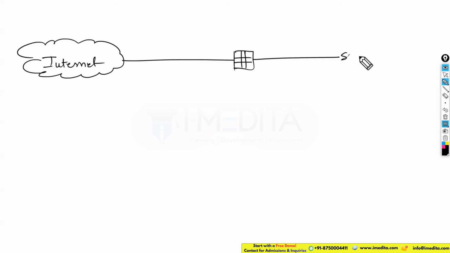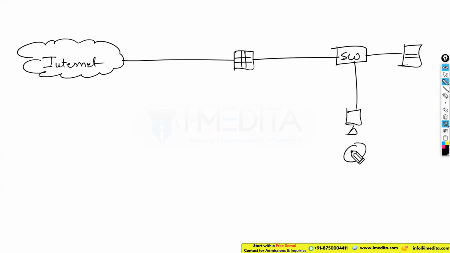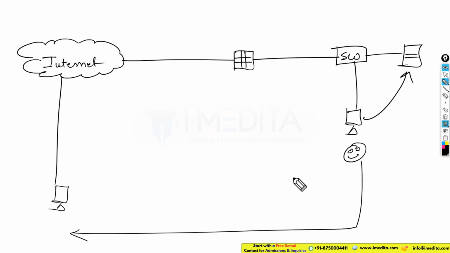FortiGate is connected with a switch. The switch is connected with a server and a client. When the client is in the office, they can access the internal server. But now the client or engineer is at home, connected with the internet.